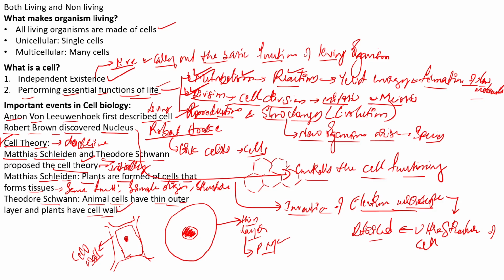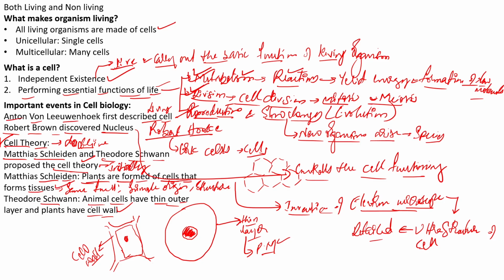So Schleiden and Schwann were the people who initially proposed the cell theory, and they formulated it based on important observations. As mentioned here, plants are basically formed of cells, and these cells mainly form the tissues.